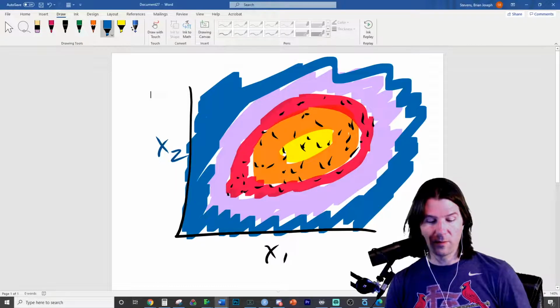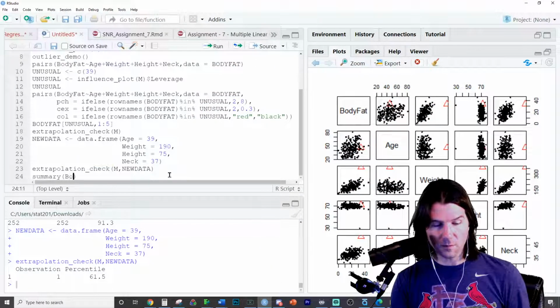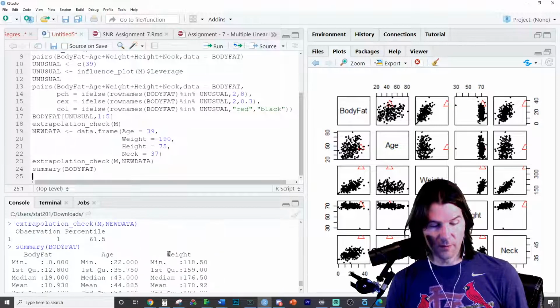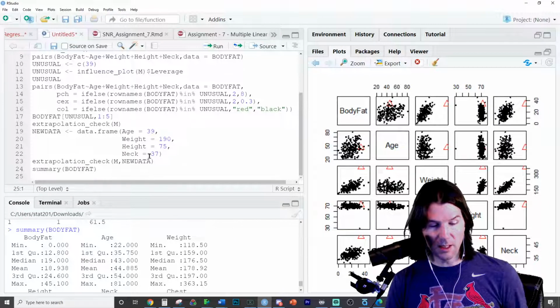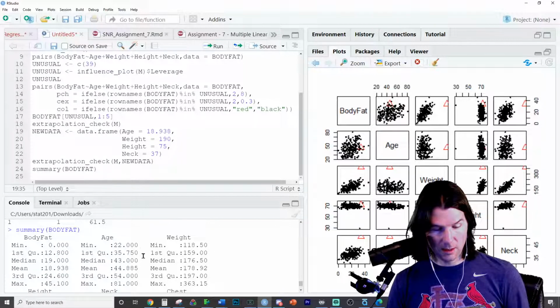We should be able to confirm this if we go right here to the summary of body fat. Here's the summary. Let's try to confirm the 0th percentile by grabbing the means. The mean body fat is 18.938.